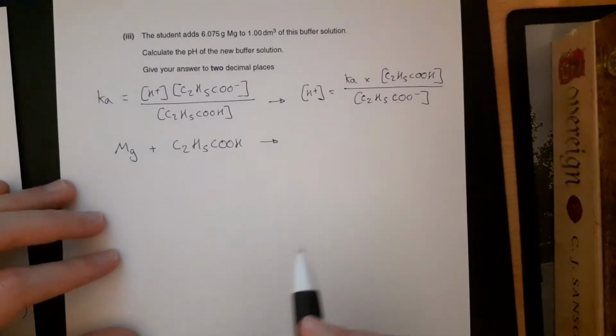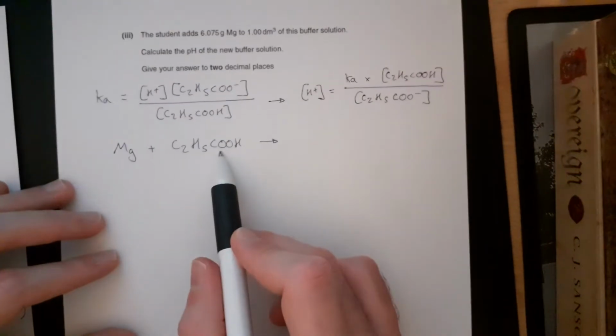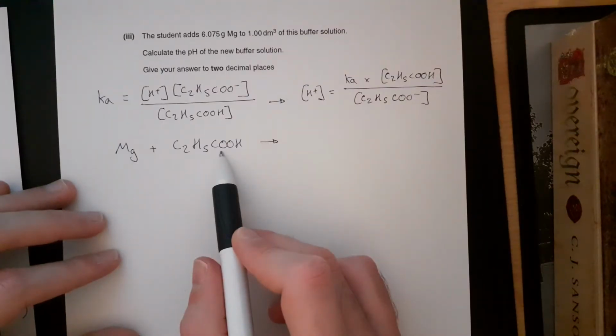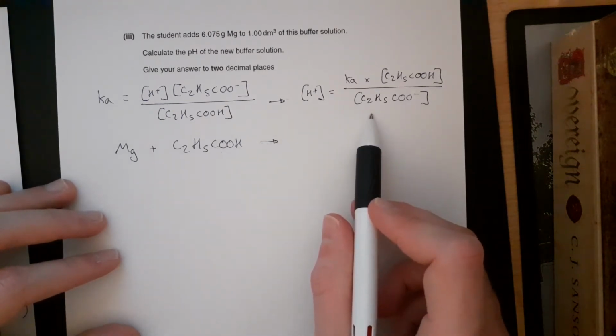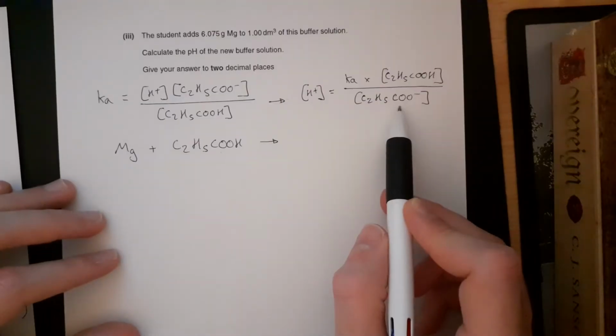Okay, but we want to be a little bit careful with how we write this. Okay, it's going to make magnesium propanoate. But I'm going to write those as separate ions because when we come to do Ka, magnesium propanoate doesn't show up in the Ka expression, right? It's just propanoate ions.